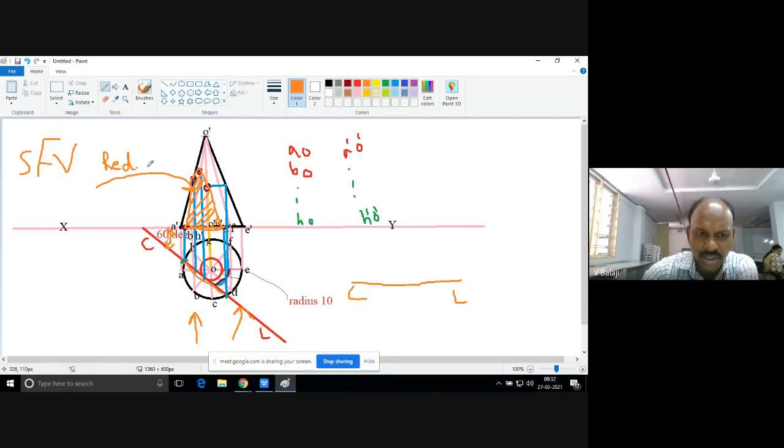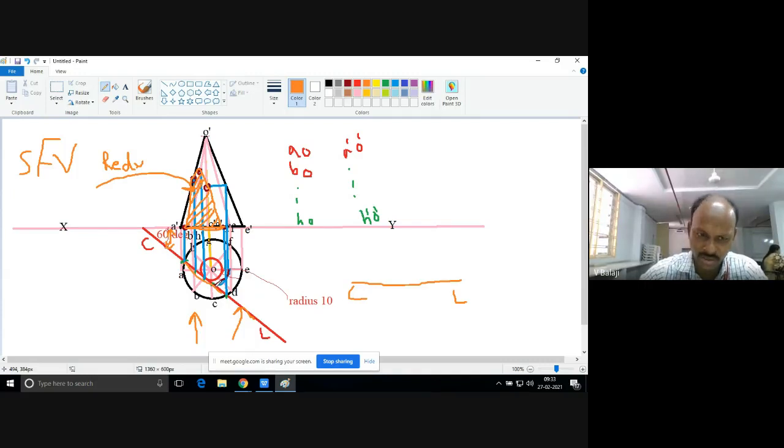Yes, sir. So what we need to do is draw the full size of the cutting portion, the true shape, the actual shape. That we are going to draw. Similarly, you get the apparent or reduced size if the given plane is not parallel to the plane of projection.